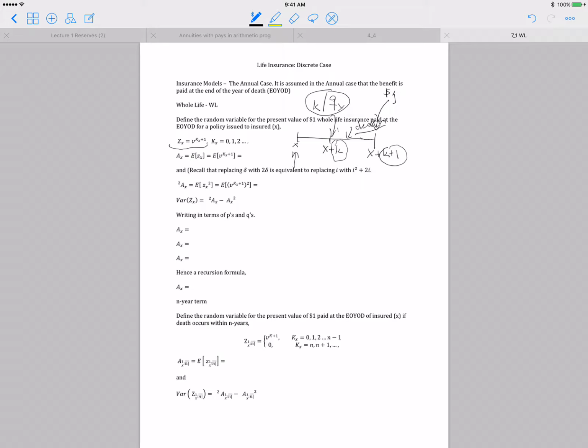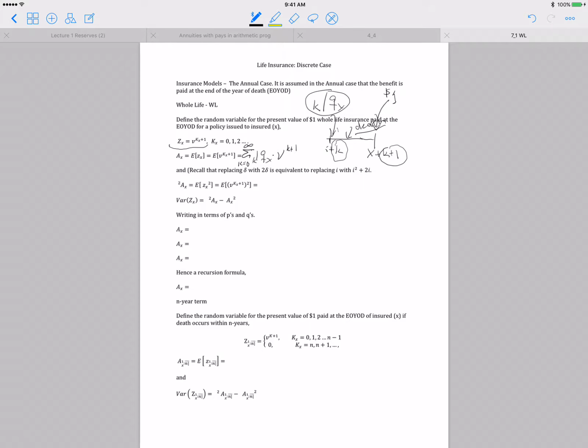I'm going to take the probability, multiply it by the random variable, and then add them all up. K begins at 0 and goes to omega minus 1, or infinity if we don't know omega minus 1.